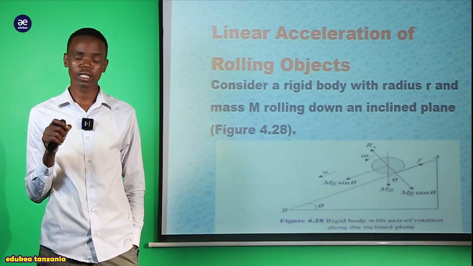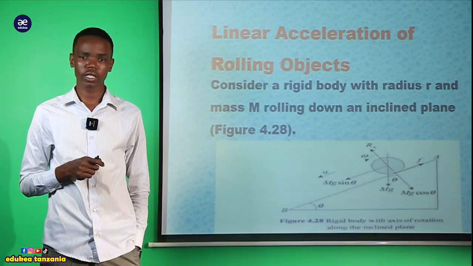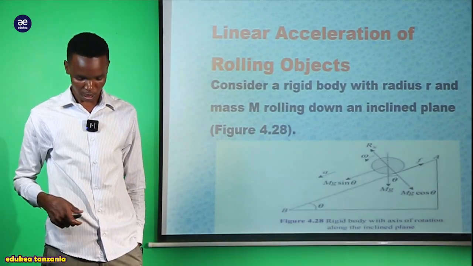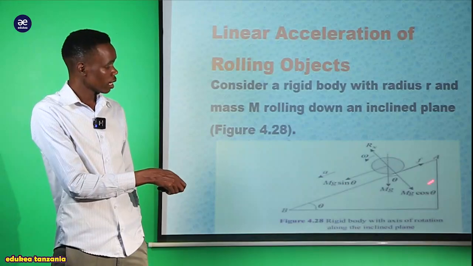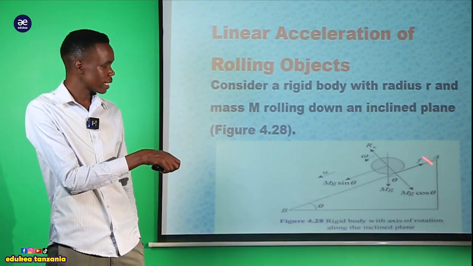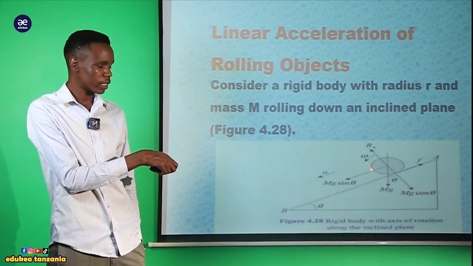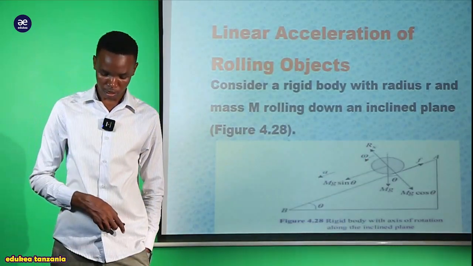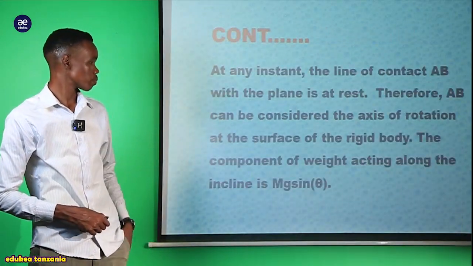This is the force that opposes or resists the direction of an object when it is in contact. So this rigid body is rolling on an inclined plane with an angular velocity. This w here represents the angular velocity.